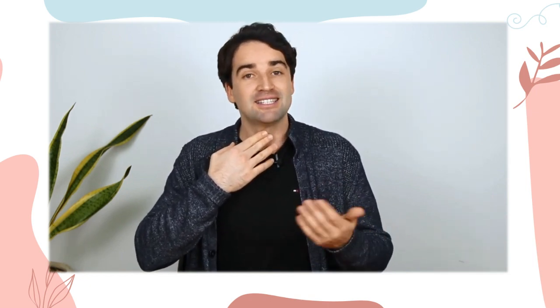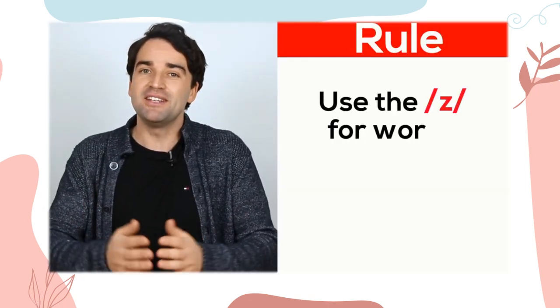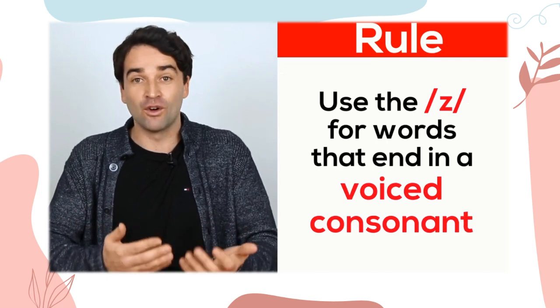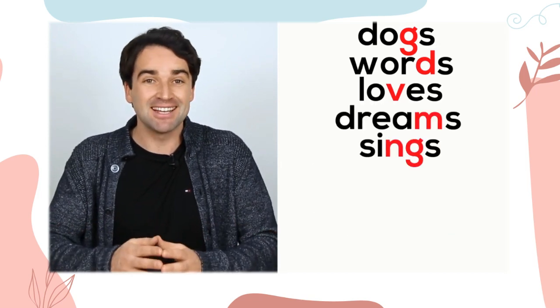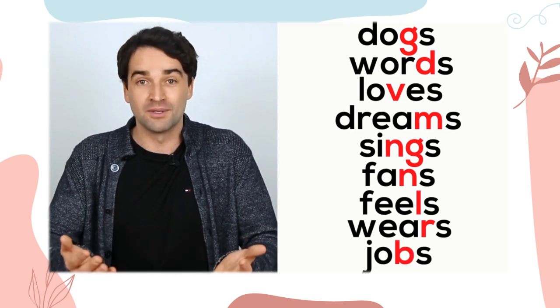G, D, V. So the rule is, you need to use the Z sound for words that end in a voiced consonant. Dogs, words, loves, dreams, sings, fans, feels, wears, jobs.